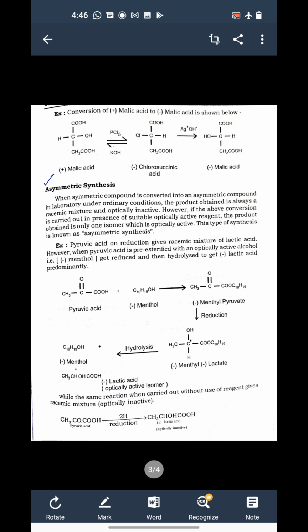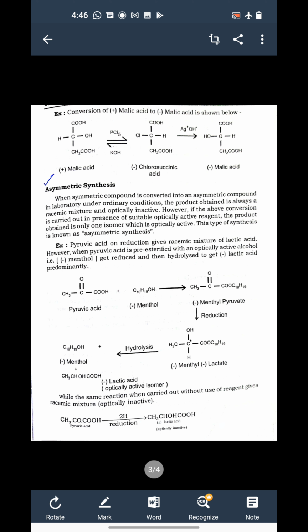So such a symmetric compound is converted into an asymmetric compound in a sequence of reactions, and suppose we get an optically active compound which has an asymmetric carbon, so that process is called asymmetric synthesis.